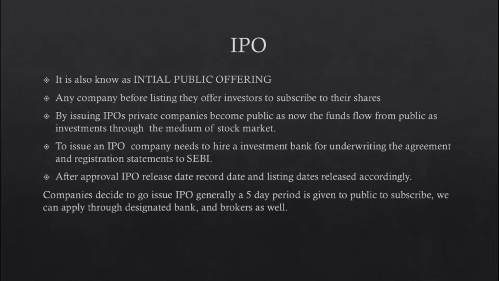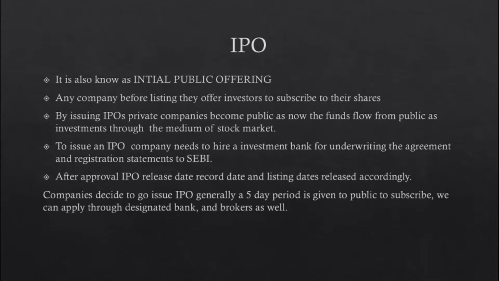An initial public offering is known as the primary market, because initially they are issuing the shares and they are not yet available in the market. Such a company's process happens in the primary market.